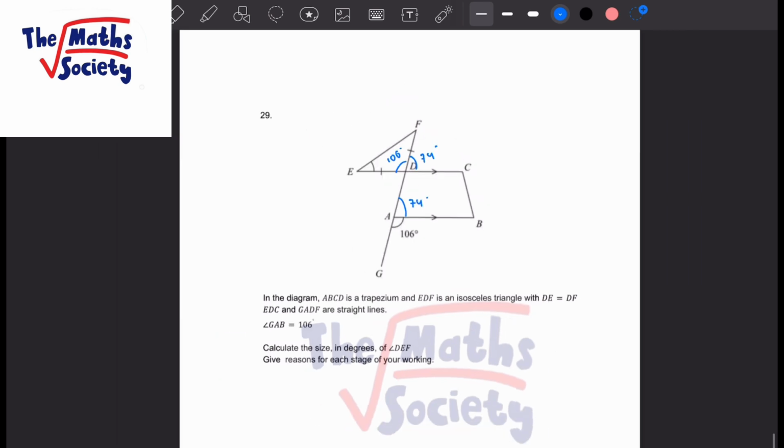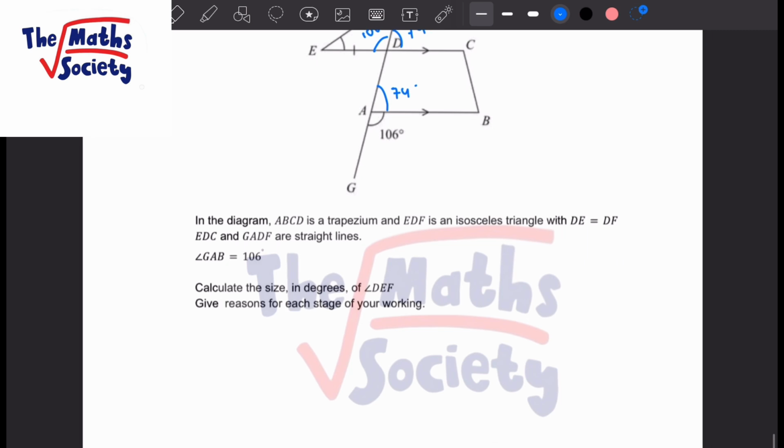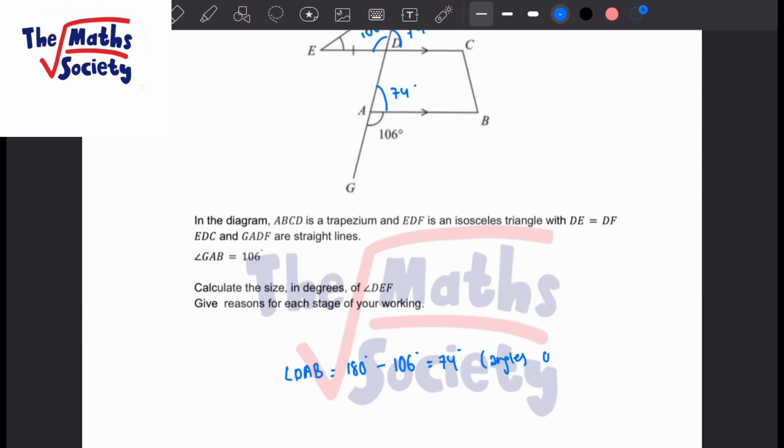Okay, so we'll write it down, although you can see it straight away. That angle DAB first, that's 180 degrees minus 106 degrees, which gives you 74. That's angles on a straight line, which is equal to 180 degrees.